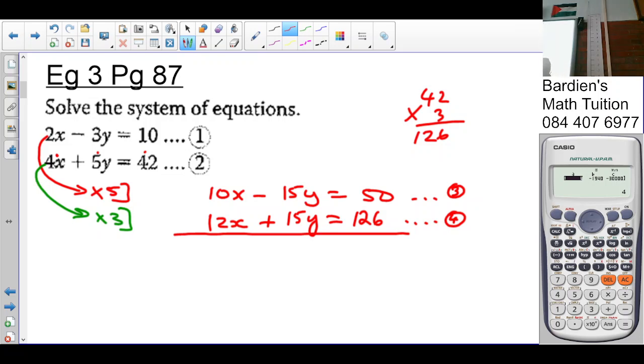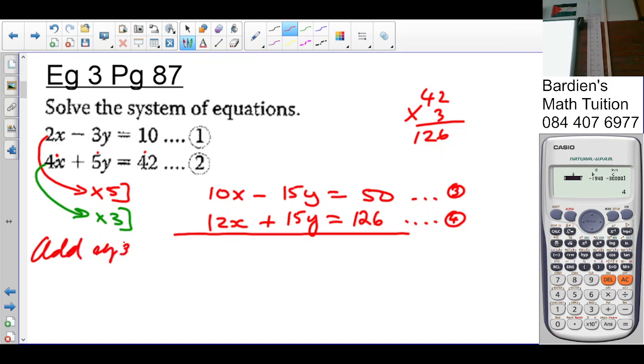It will become 12x minus 10x, 15y minus 15y. So by subtracting, I wouldn't have eliminated a variable. Can you see that? So what am I going to do here? I'm going to add it. If we add, then negative 15y plus 15y will cancel. Make sense?